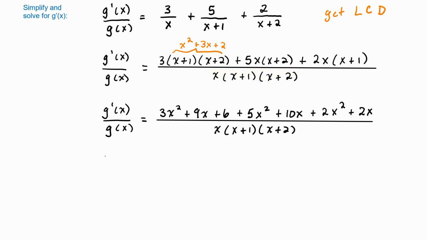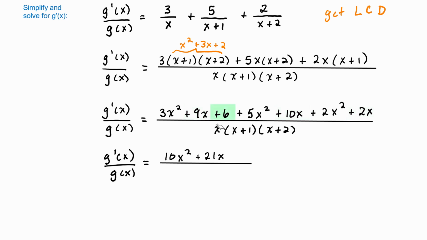So now we have g prime of x over g of x on the left-hand side still. On the right-hand side, we can combine like terms. We have 3x squared plus 5x squared plus 2x squared is 10x squared. 9x plus 10x plus 2x is 21x.